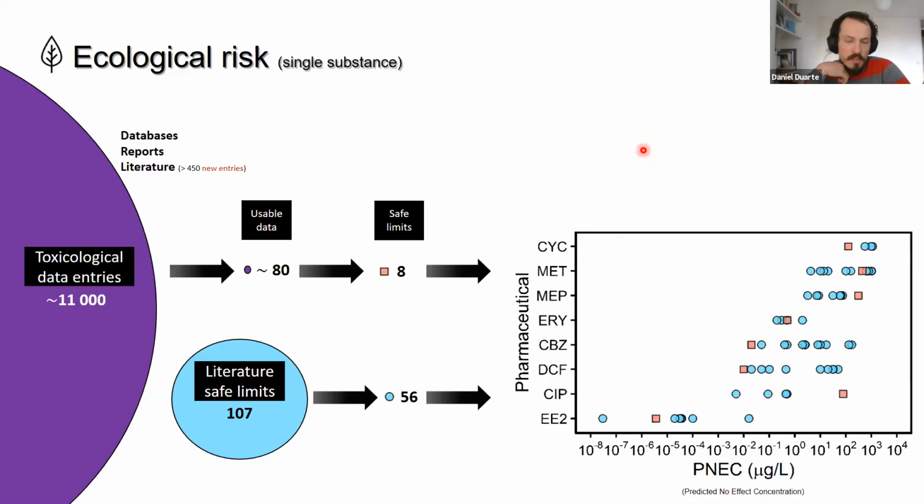For cyclophosphamide, carbamazepine, and diclofenac, they were lower than any PNEC that we found in the literature, which could change a little bit the way we see the risks in regards to these pharmaceuticals in particular. On the opposite end, for ciprofloxacin and metoprolol, for example, ours were higher than any other safe limit concentration found in the literature.